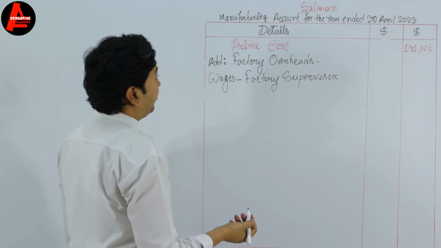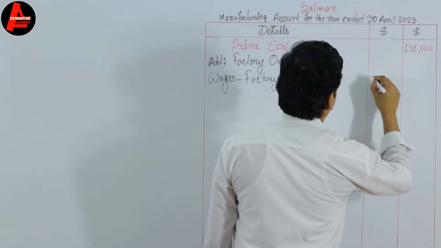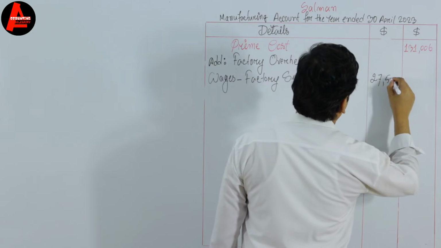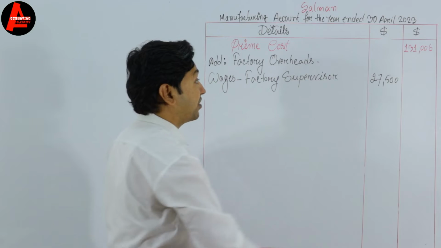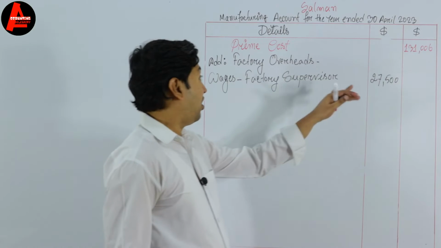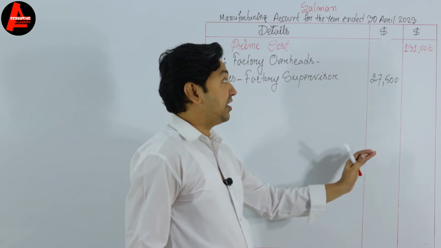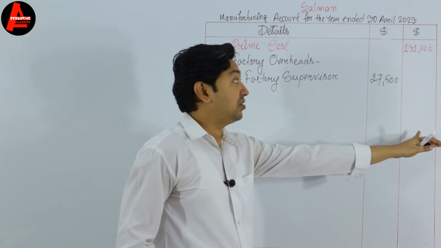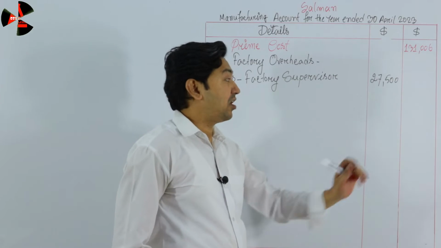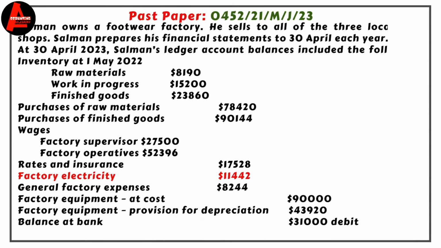So here on the question the amount is $27,500. We will write in the first column. We will add all the factory overheads. Then we will take the addition to the outer column. Okay. Great.